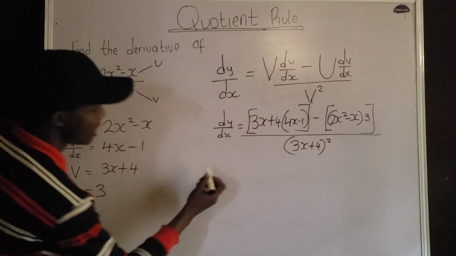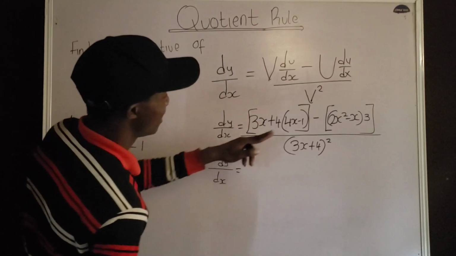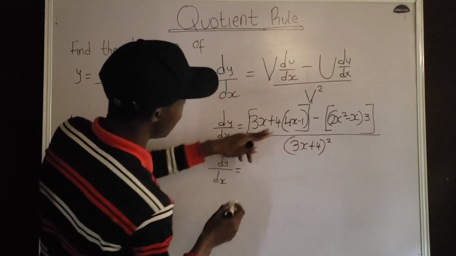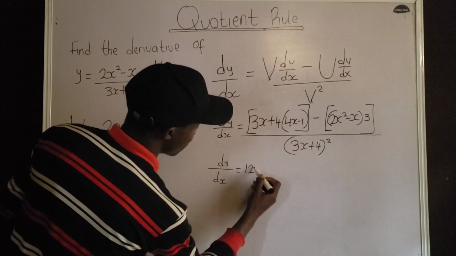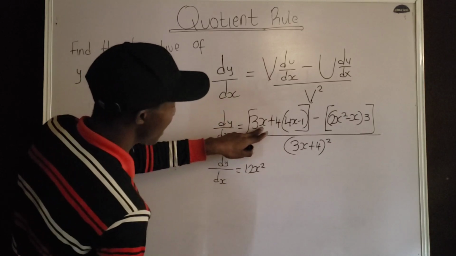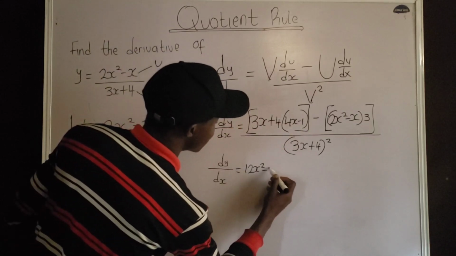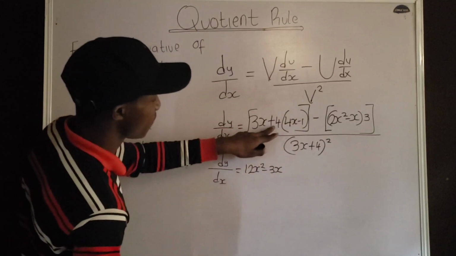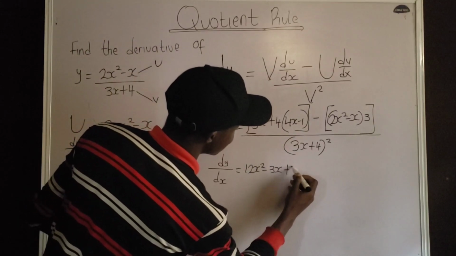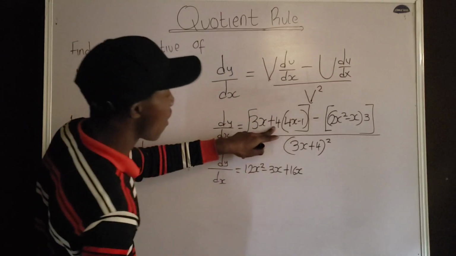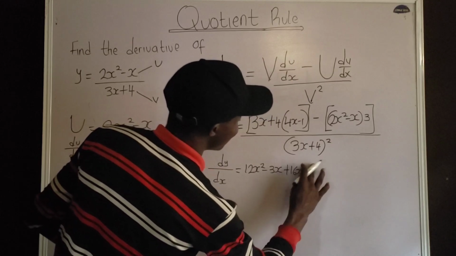Have you seen that? So the next step, dy/dx is equal to, now let us open the brackets. 3x multiplied by 4x, that is 12x squared. 3x multiplied by minus 1, that is minus 3x. 4 multiplied by 4x, that is plus 16x. 4 multiplied by minus 1, that is minus 4.